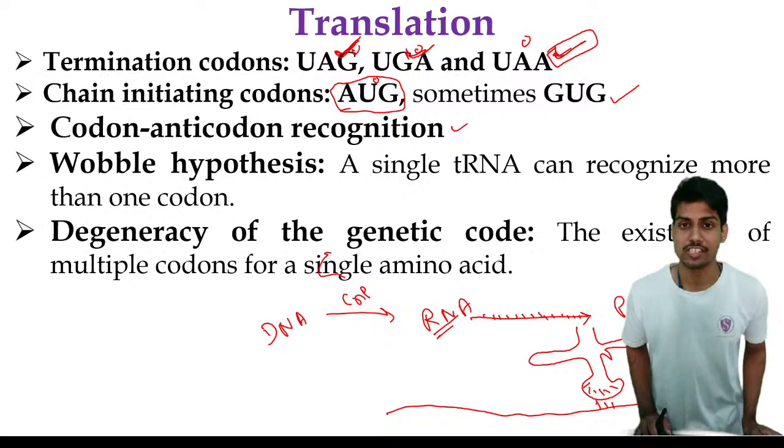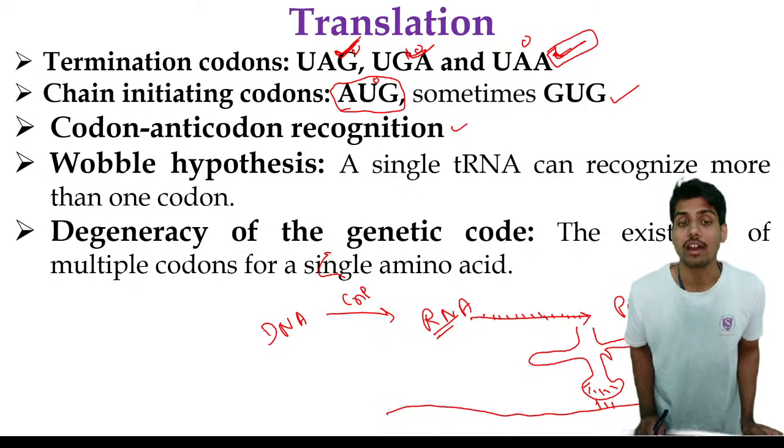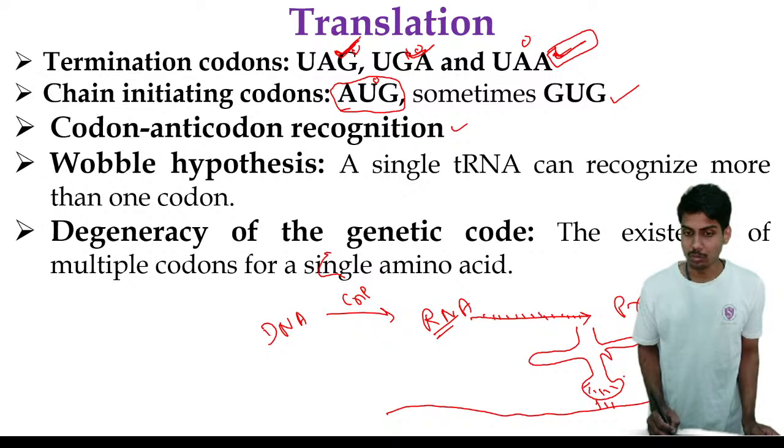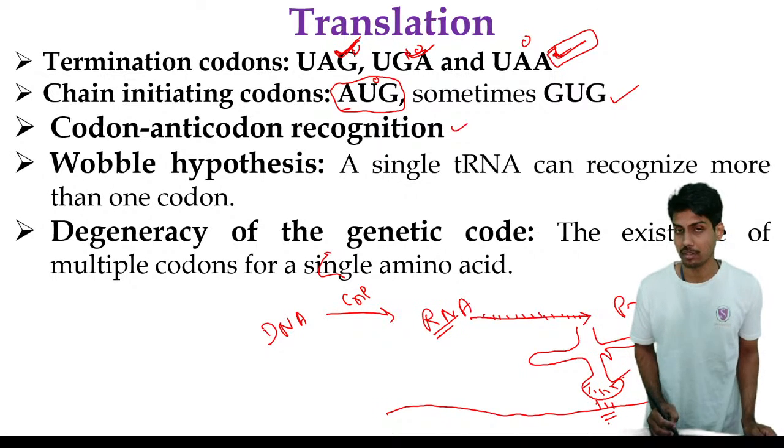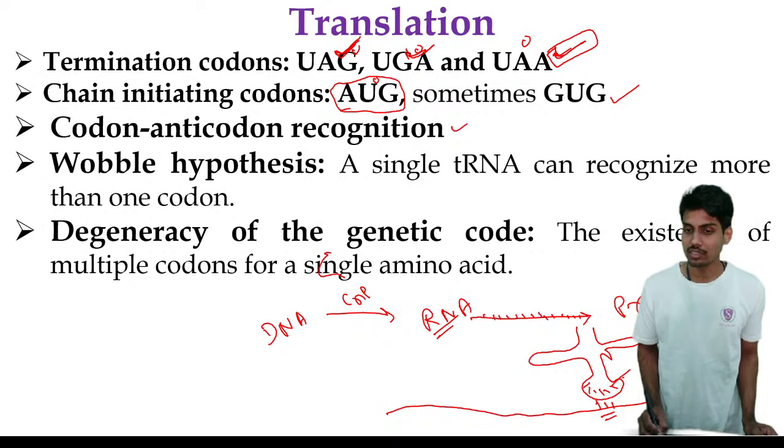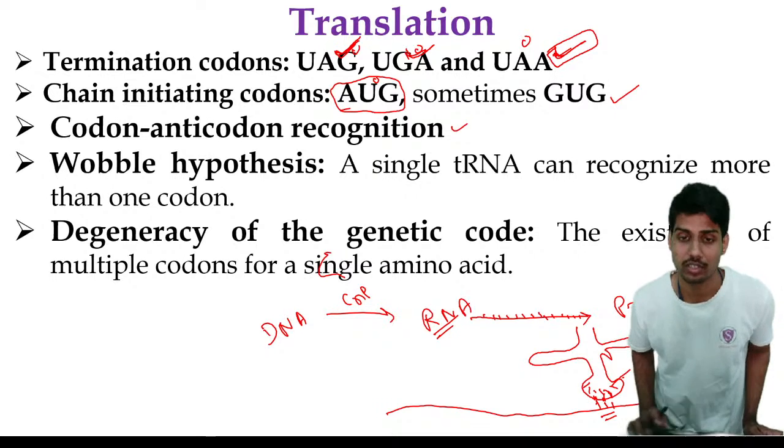There are almost seven nucleotides there. These seven nucleotides function together and recognize the three-nucleotide codon on the mRNA. Finally, with the help of these seven nucleotides, only three, the anticodon, make a bond with the codon. That is the codon-anticodon recognition process.